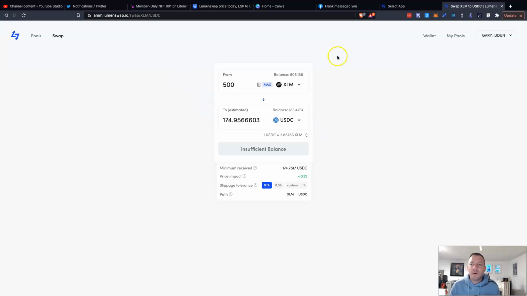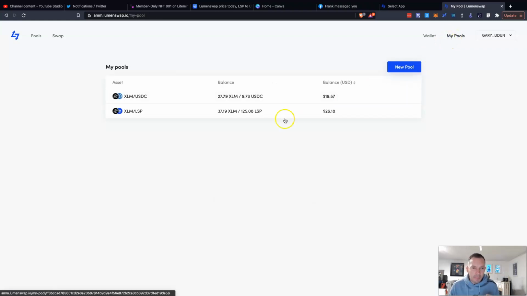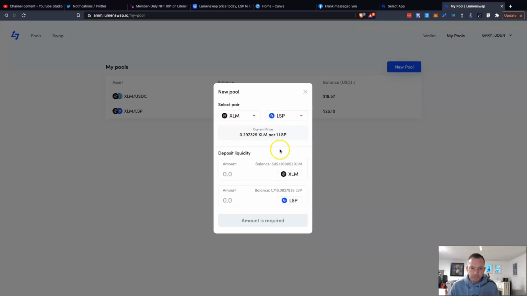With those, I'm going to go into the pool so we can see if we can get a balance. So we're going to go new pool. And we're going with the assets we want to put in, which is LSP and USDC, pair them up, and then we're going to put in our 183 bucks, which is 17.